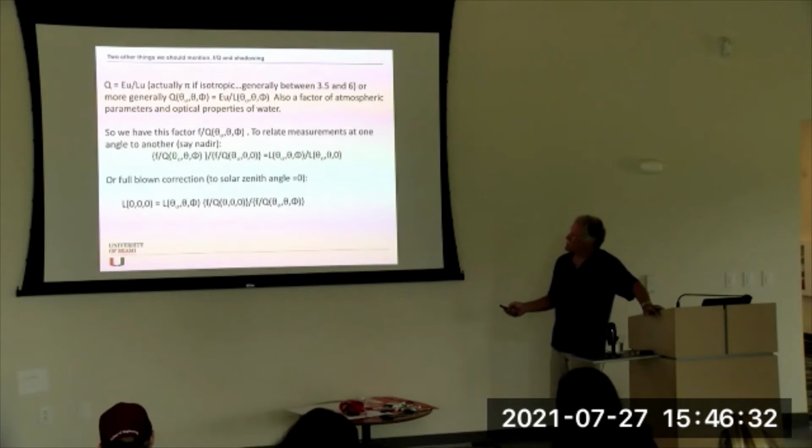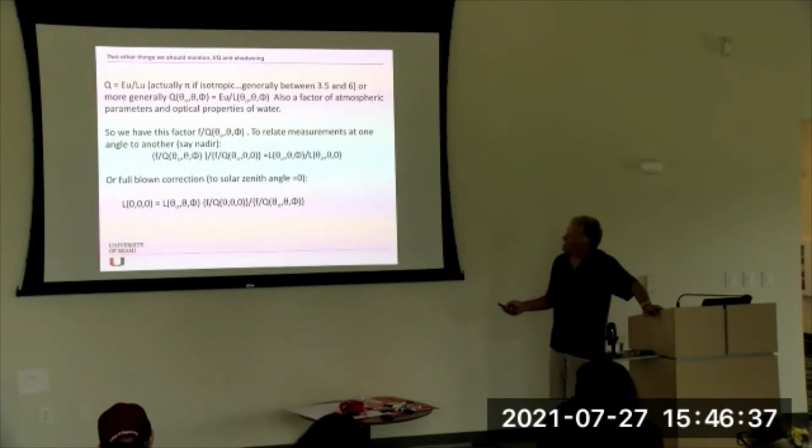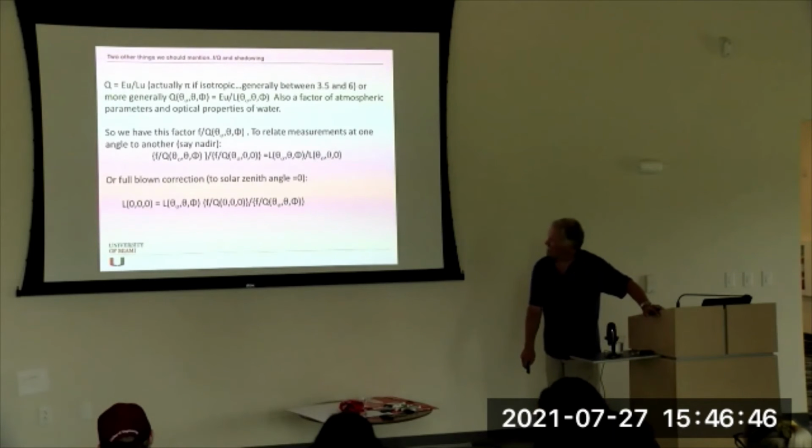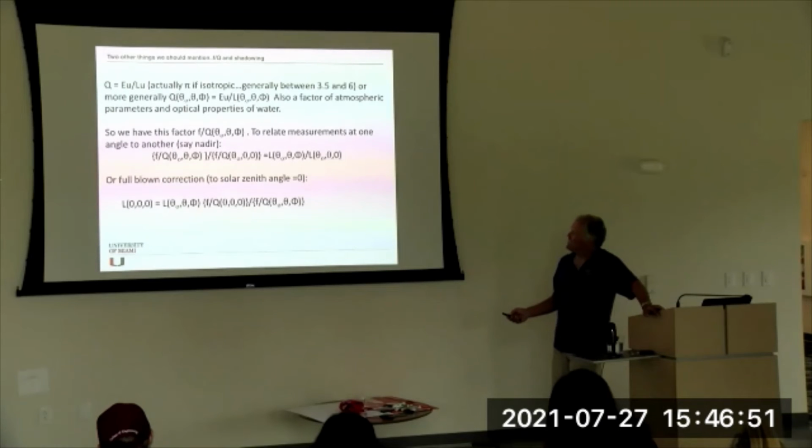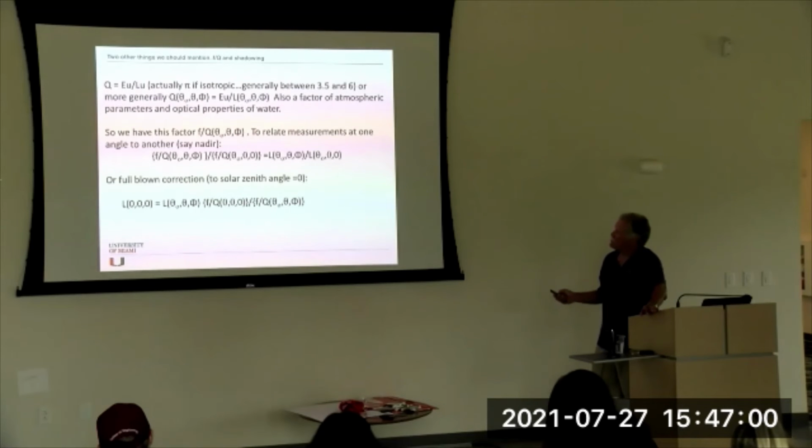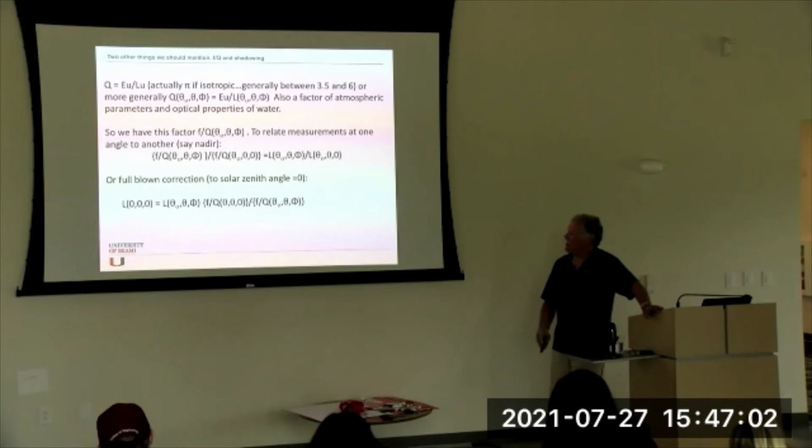And you can also, through this, make a correction inside the model so that you get what the radiance is for a solar zenith angle directly above, looking straight down, so the light coming straight up at you from nadir. And so that would be your measurement that you made with some solar zenith angle, some direction, times this F over Q factor. So it's a way to relate measurements from one direction to another.